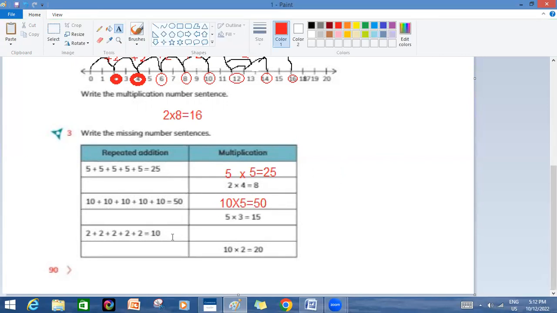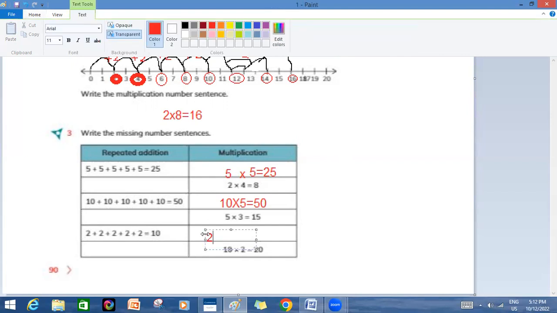Next one is 2 plus 2 plus 2 plus 2 plus 2 equals 10. So what we are adding? We are adding 2. Okay. And how many times we are adding? Count. 1, 2, 3, 4, 5. We are adding 2 5 times. So answer is going to be 10.